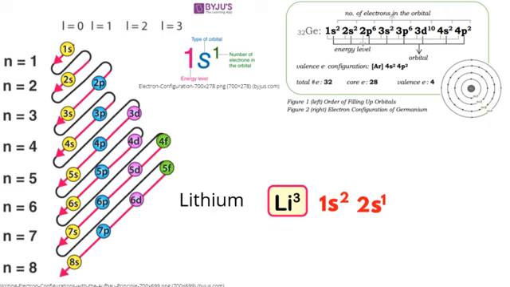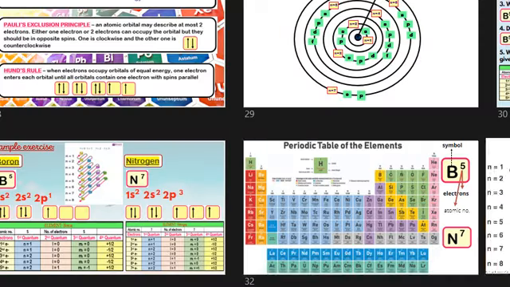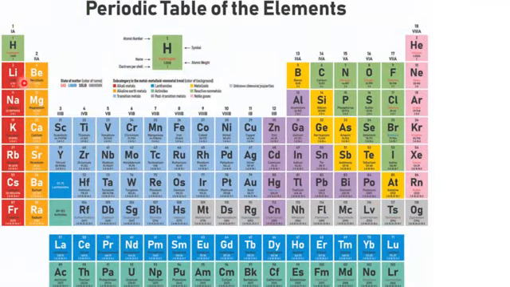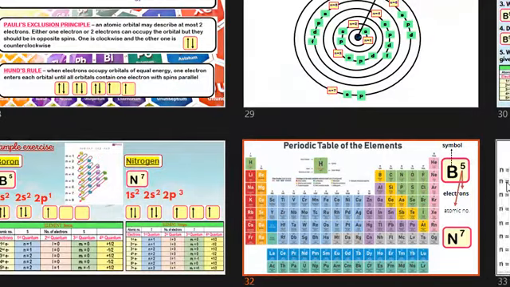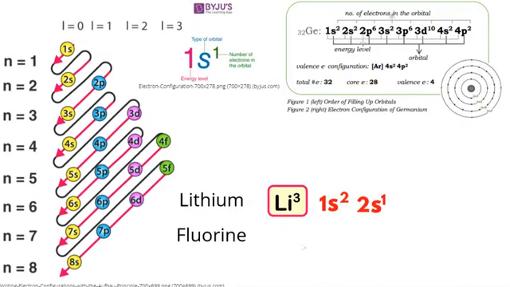Another example, fluorine. Look at your periodic table. What is the symbol of fluorine? Let us check our periodic table. Here we can see the F. F is the symbol of fluorine, and if you count it, it is the 9th element in the periodic table. So meaning F9.